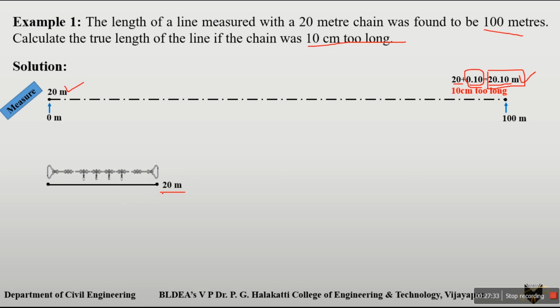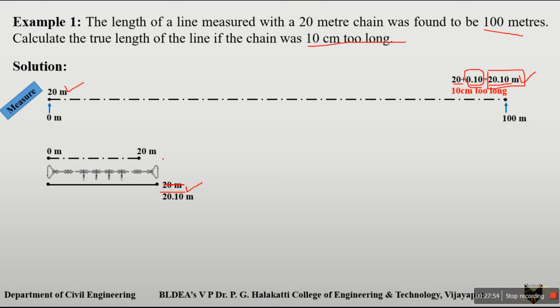At this point you are reading 20 meter, but it is wrong. You have to read it as 20.10 meters. Clear? So our actual 20 meter length will come at this point.